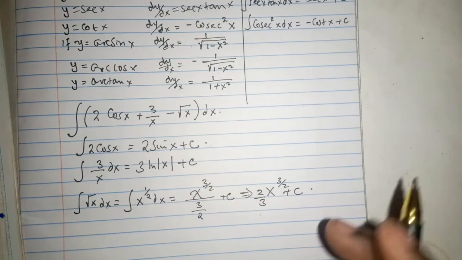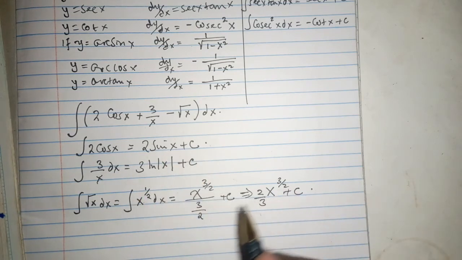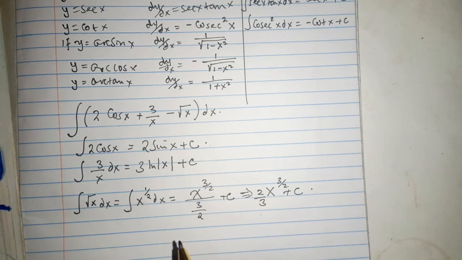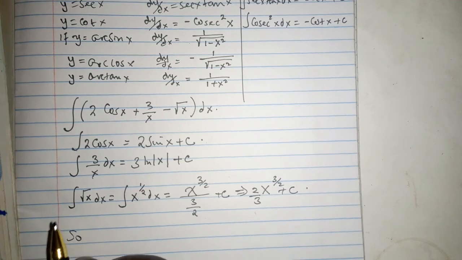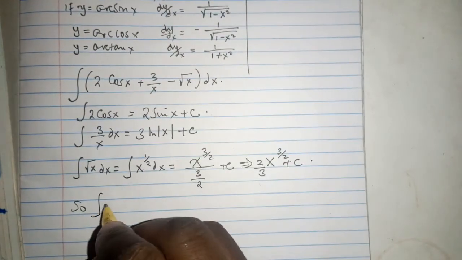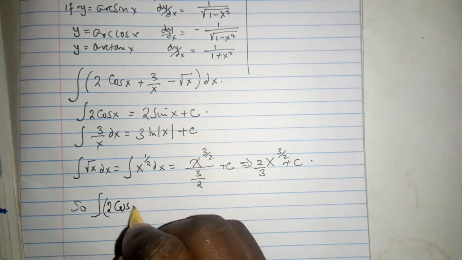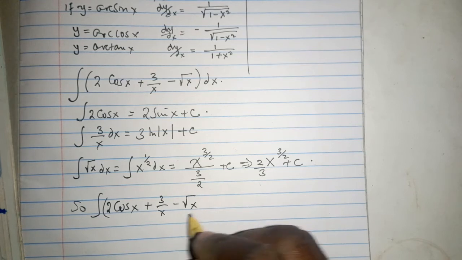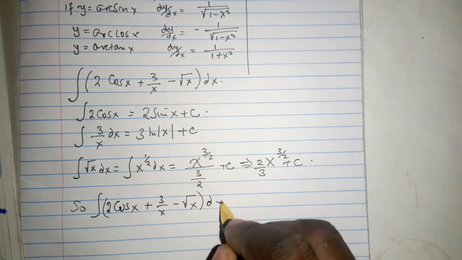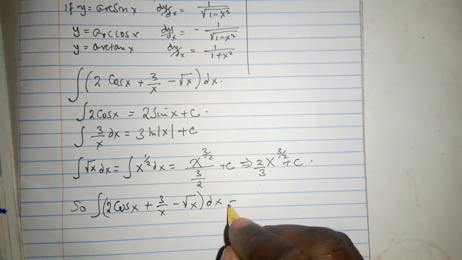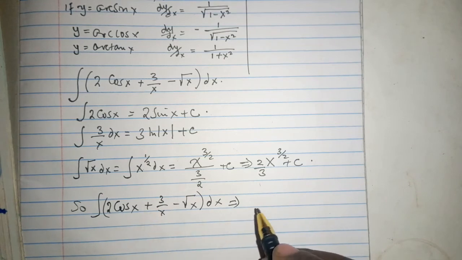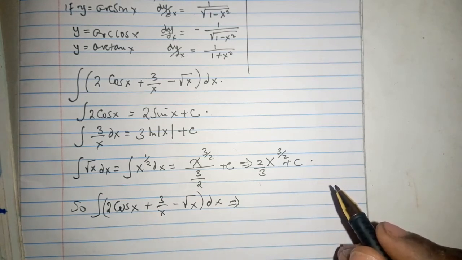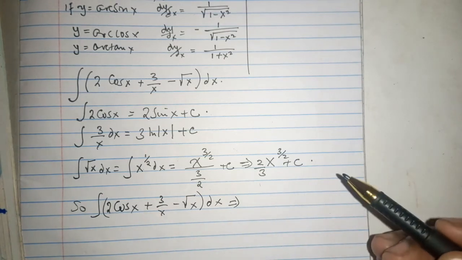So it is our duty now to collect all these integrals and put them together. So the integral of 2 cosine of x plus 3 over x minus the root of x with respect to x is going to be, all the signs will apply, unless where we have trigonometric integration where some signs can change.